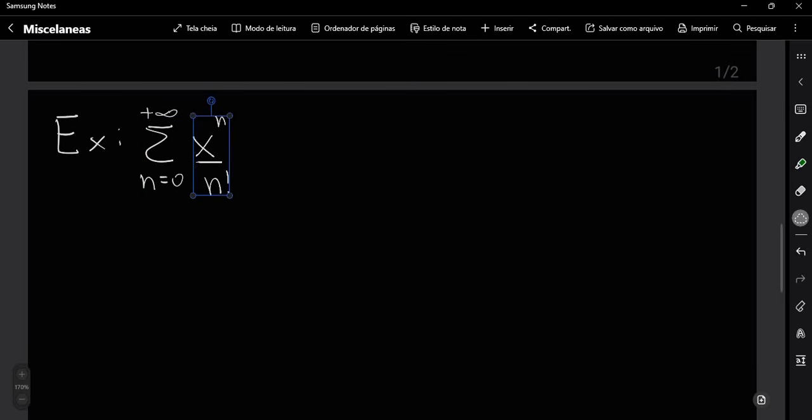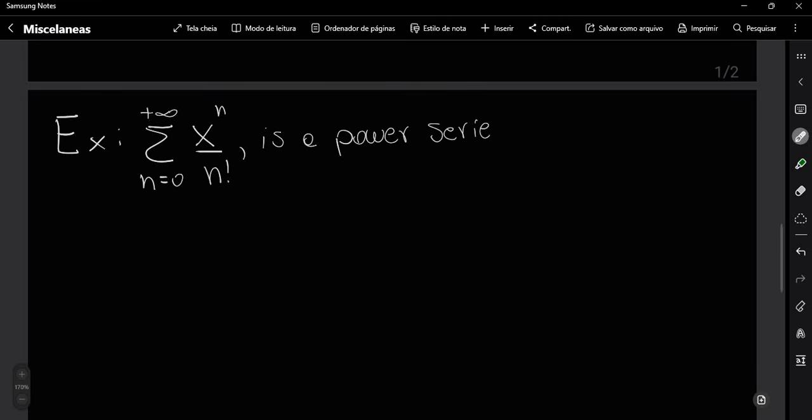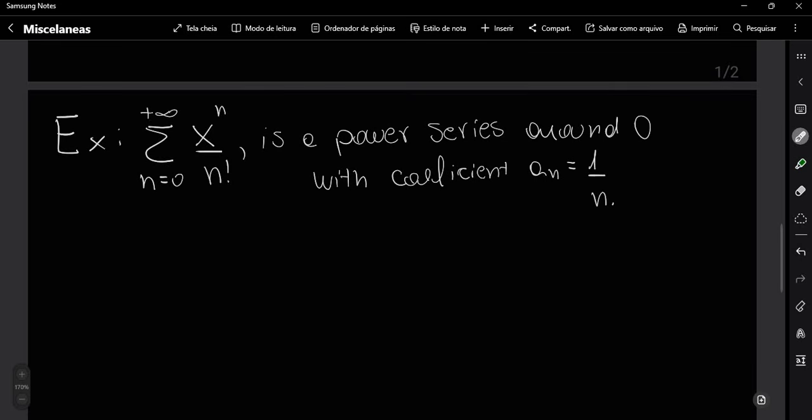So this is a power series around 0 with coefficient a_n equal to 1 over n factorial.